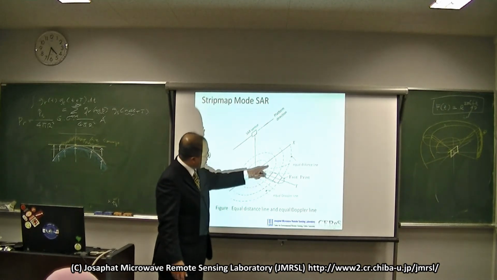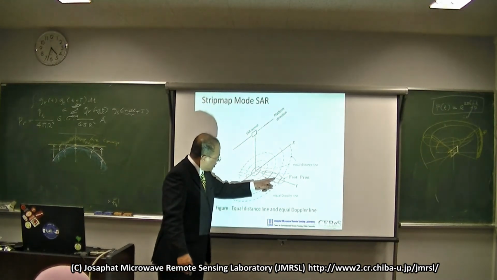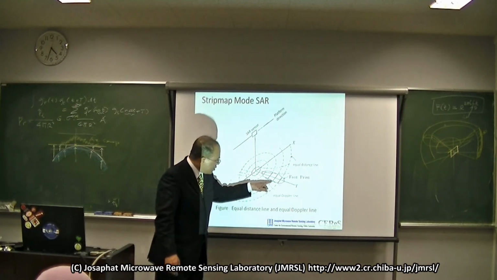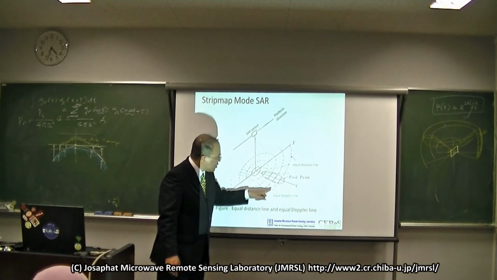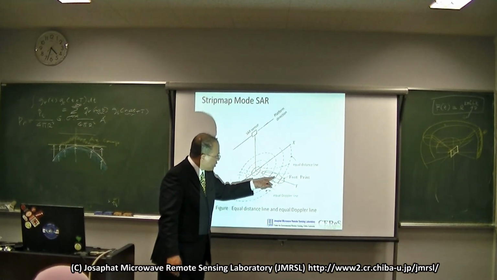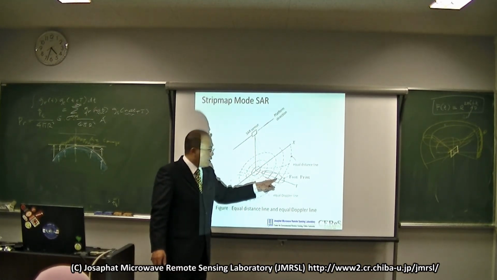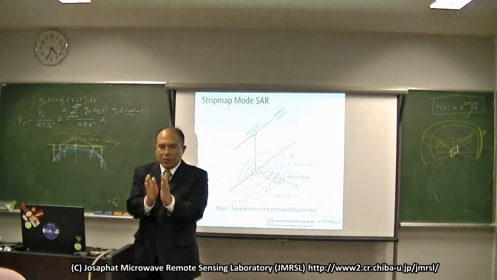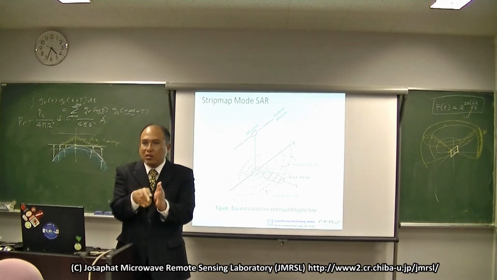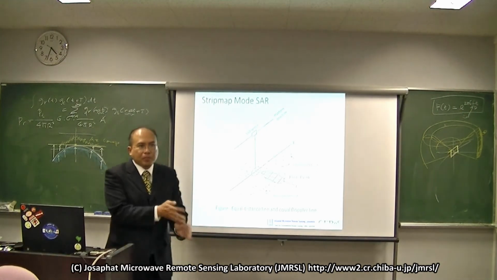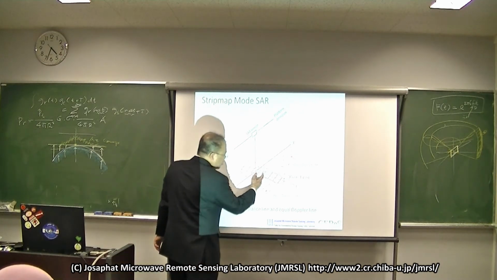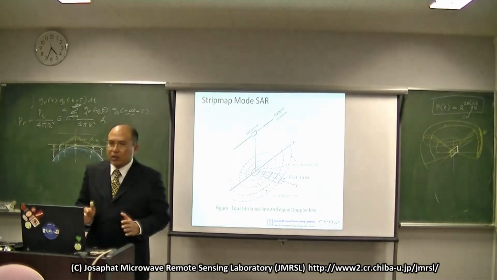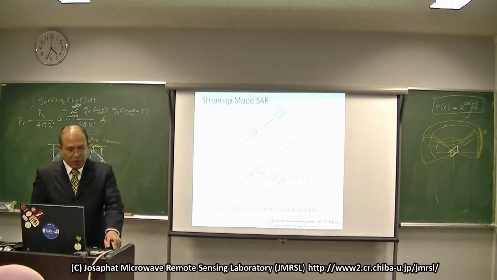And the equal Doppler line means the frequency is the same along it, but here it is different. You must consider that even in the same footprint the Doppler frequency is different. So how to extract just the response from the same Doppler frequency is also one of the topics.